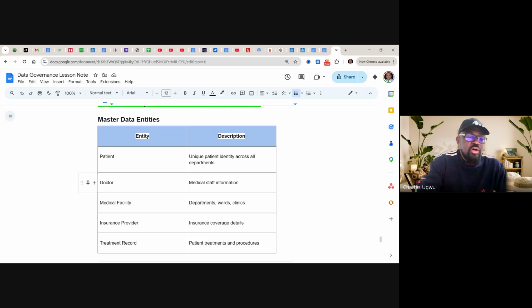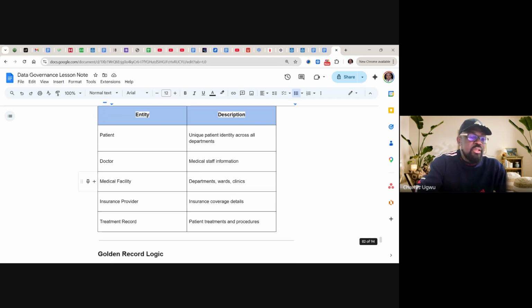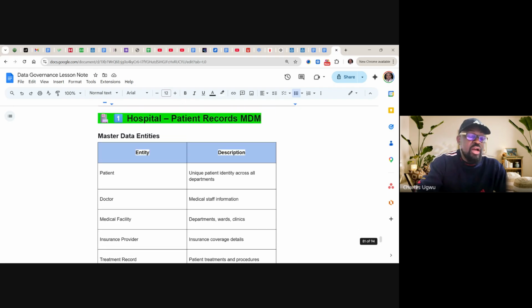Medical faculty. Under medical faculty data, we want departments, wards, and clinics. Insurance provider. Under insurance, we have insurance coverage detail. Treatment record. Under treatment record, we have patient treatments and procedures. So you have designed the master data entity for this hospital.